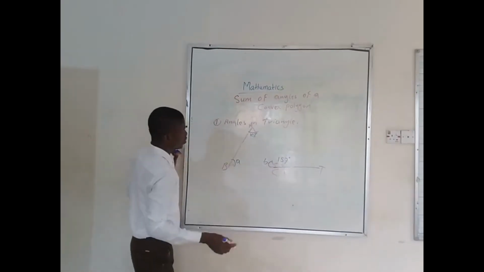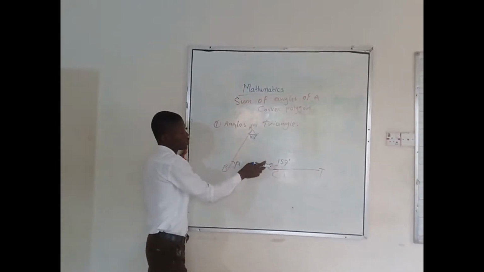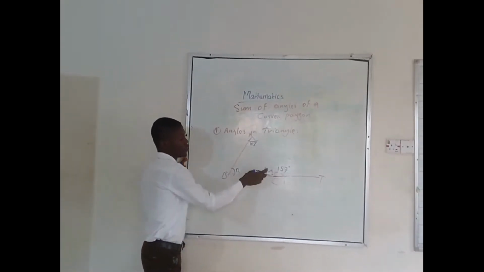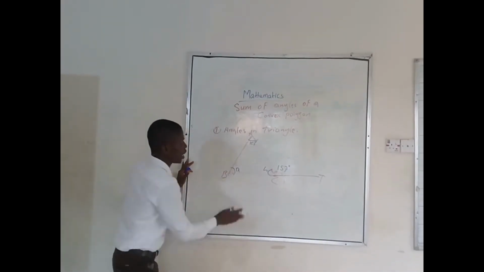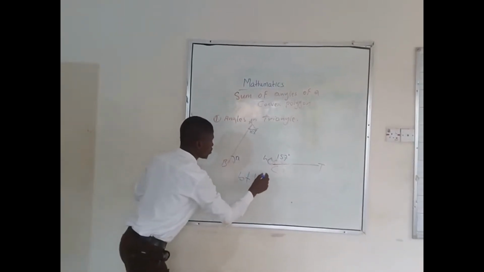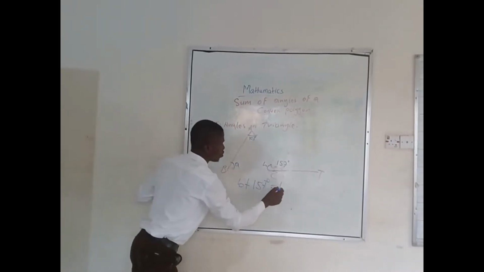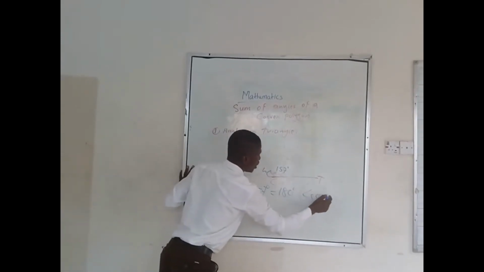For me to find this angle and this angle, I have to find this angle first. We are using angles on a straight line. B plus 157 degrees equals 180, angles on a straight line.